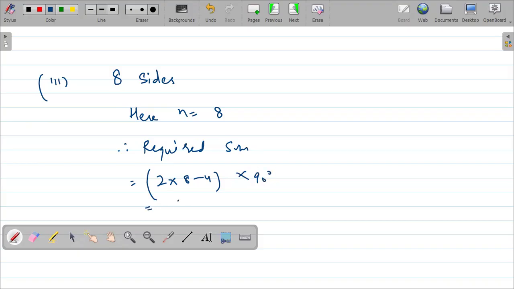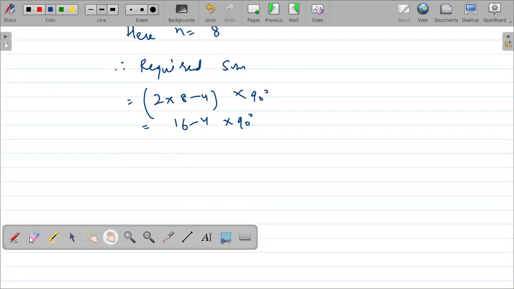That is 16 minus 4 into 90 degrees, 16 minus 4 means 12 into 90 degrees, that is 1080 degrees. So if a polygon has 8 sides, the sum of its angles will be 1080 degrees.